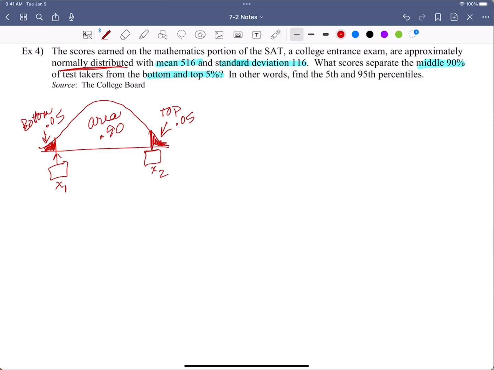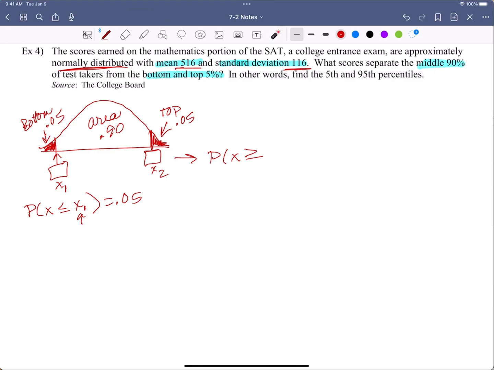So when we go to plug this in, we have our mean, we have our standard deviation, and then if I'm talking about percentiles, this is going to be the probability that X here is less than this X1 value, and that's what we're trying to find, and that is 0.05. For this one, we're going to say what's the probability that X here is greater than, this is to the right.